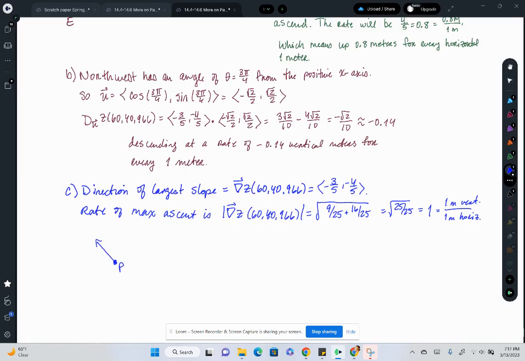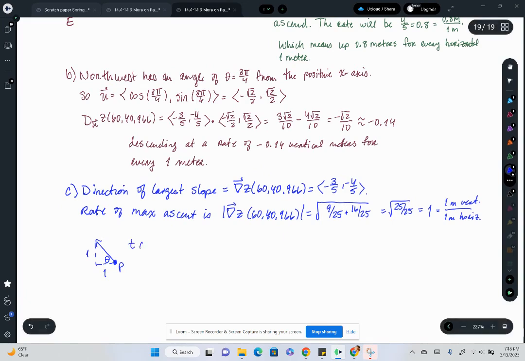And we have a 1 meter vertical change to get there and a 1 meter horizontal change. Okay, that's our rate.